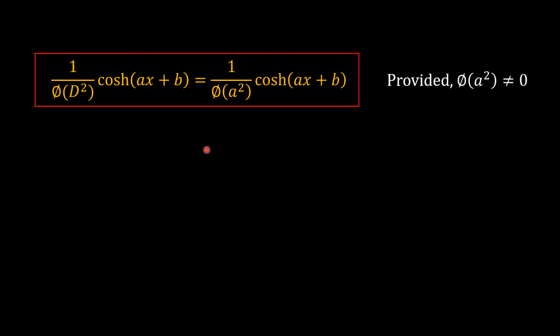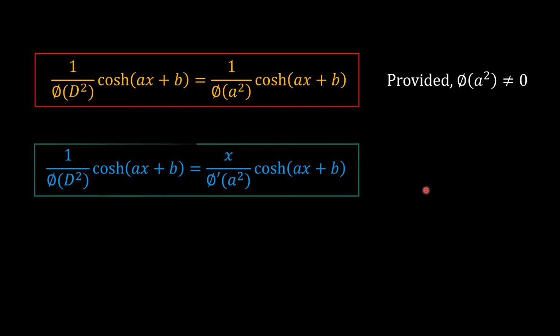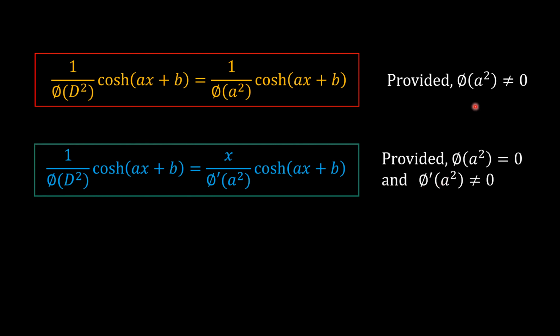If it is 0, this will be the case of failure and the particular integral will be evaluated as x divided by phi dash of a square cos hyperbolic of ax plus b. Then the conditions are: phi of a square equal to 0 and this denominator phi dash of a square should not be equal to 0. If it is 0, again this will be the case of failure.